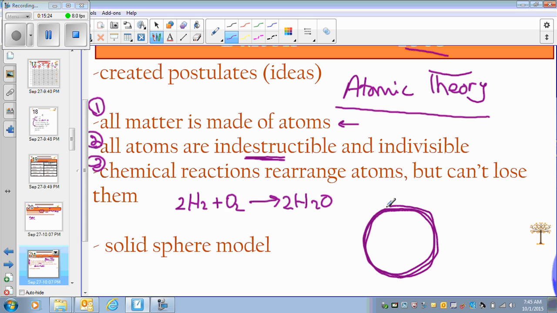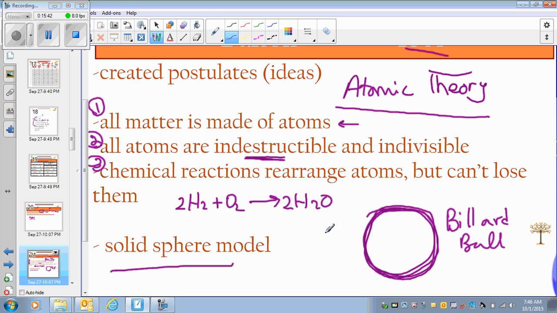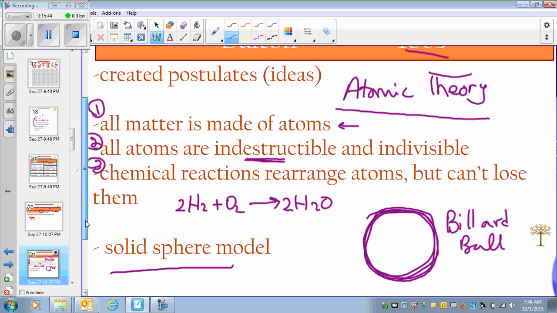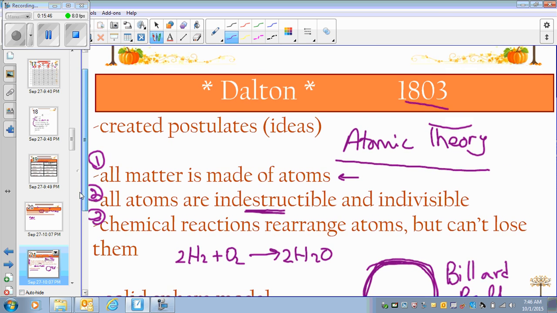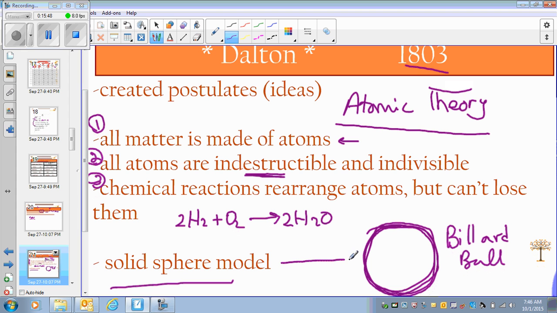He said that the atom is like small circles, small balls. Billiard ball model is also a name for Dalton's atomic model, the billiard ball model or solid sphere model. Because he didn't know anything about electrons, protons, and neutrons at that time. So you need to know Dalton, the 3 points of Dalton, and that Dalton gave us the solid sphere model.